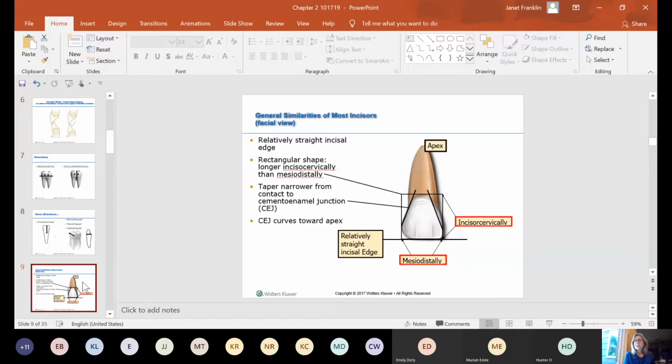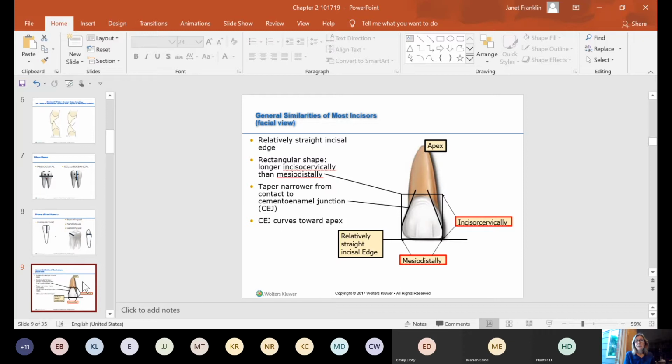And they're rectangular in shape. I drew some lines so you could see how they're pretty much rectangular. They're slightly taller incisocervically than they are wide from the mesial to the distal, or mesiodistally.